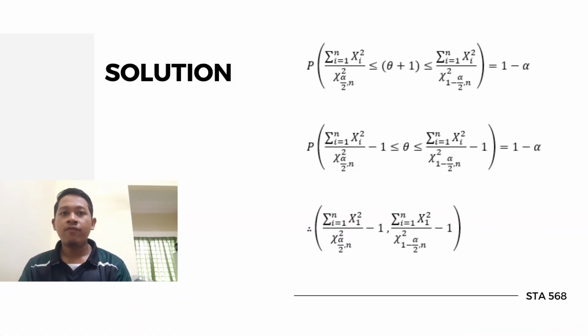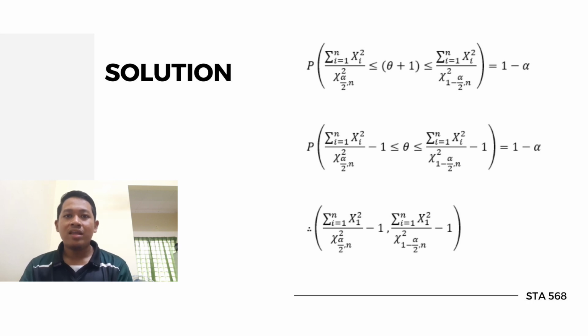Since we want to find the confidence interval for theta, we must swap 1 over theta plus 1 to get theta plus 1. With the condition, we also must swap the inequality for both sides to get theta plus 1 is greater than summation xi square over chi-square alpha over 2 n, and theta plus 1 is less than summation xi square over chi-square 1 minus alpha over 2 n, and is equal to 1 minus alpha.